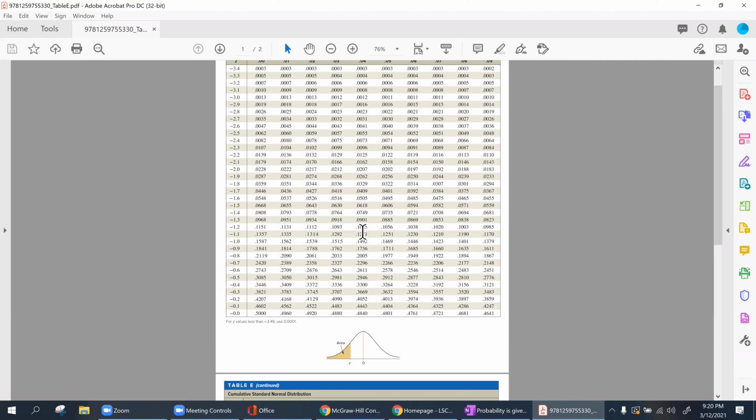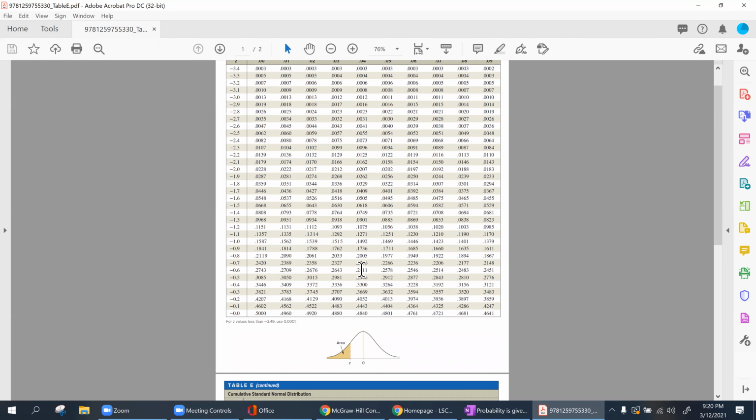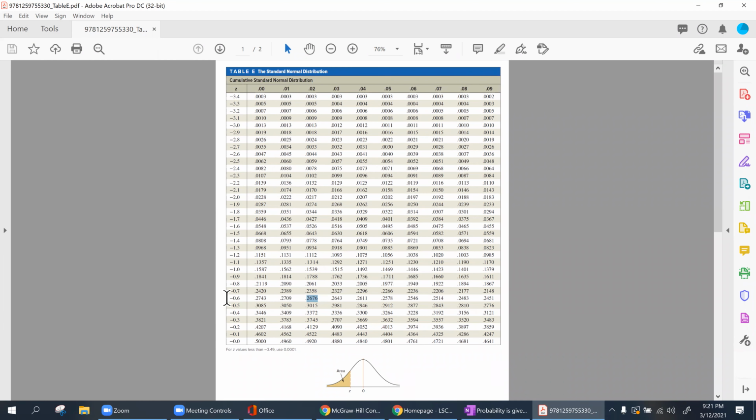You may have to choose the one to the left or to the right, and you're supposed to choose the one that's closest to your value. So if I'm looking for 0.2676, it's right here, and that corresponds to negative 0.6 and 2. So this lower z value is negative 0.62.